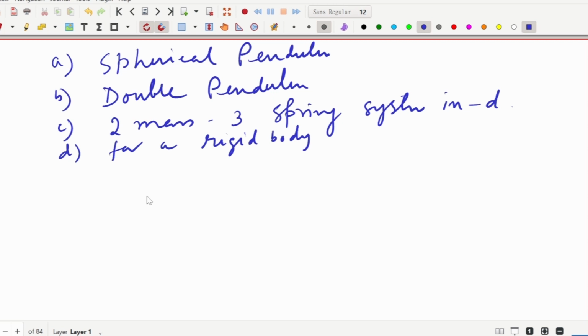There will be a concept of quasi generalized coordinates, which we will explain with examples.